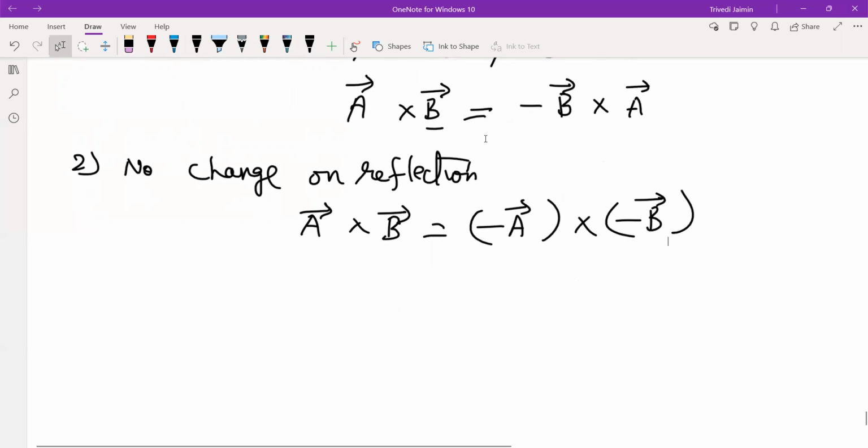In a similar way, if you want to write the distributive property, what will we do? What is the distributive property? A dot of B plus C is equal to A dot B plus A dot C. Now I want it with the cross product.